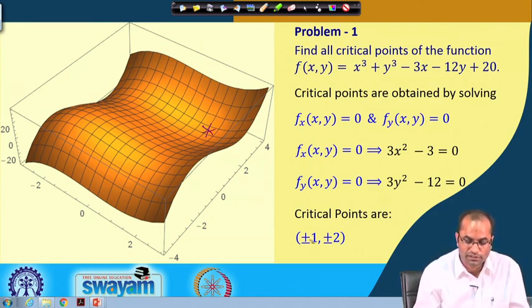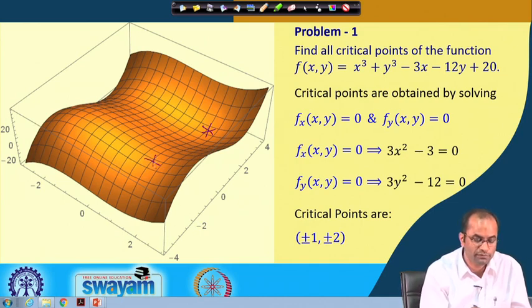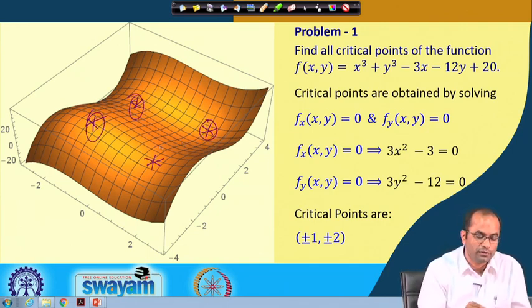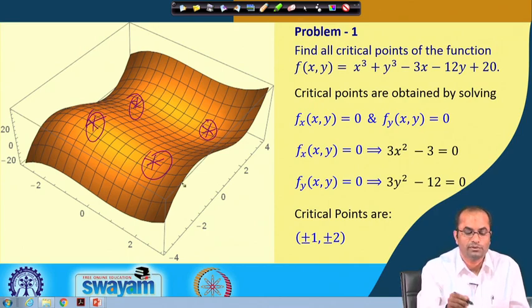Again, here plus 1 and minus 2, there will be a point here, and minus 1 and plus 2 there will be a point here, and minus 1, minus 2 there will be a point here. So, all these 4 points are the critical points, where the derivatives with respect to x and with respect to y are both 0.